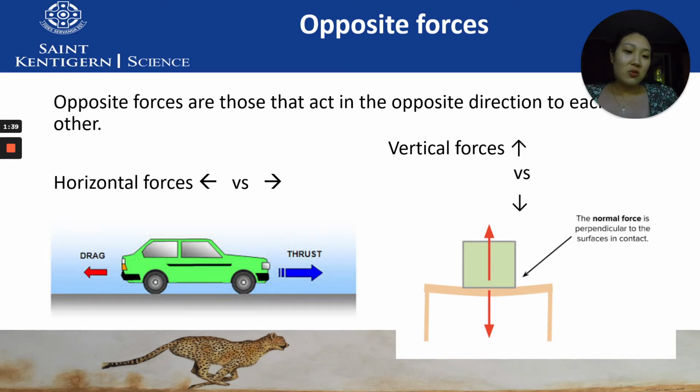For the vertical forces, the up and down ones, we have gravity acting downwards, and the normal or support force by the table acting upwards, and those are opposite to each other. If you have one arrow pointing up and another pointing left, those aren't opposite forces.